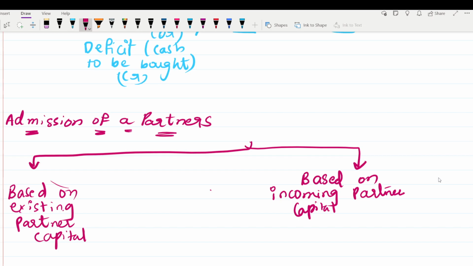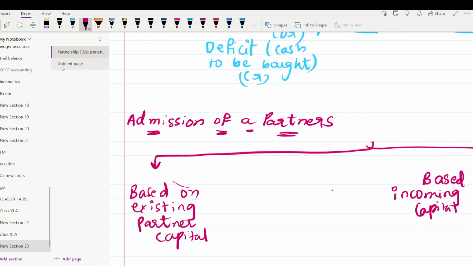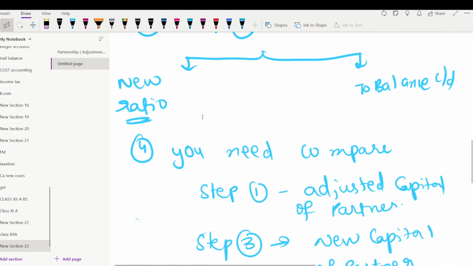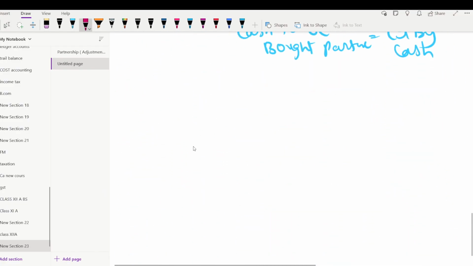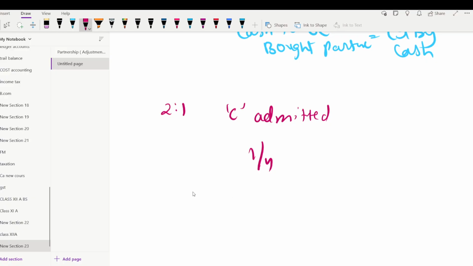Normally, if A and B are the partners sharing the ratio 2:1, and now C has been admitted and they are providing 1/4 to C, then we will do 1 minus 1/4. Then this 3/4 is for the existing partners.